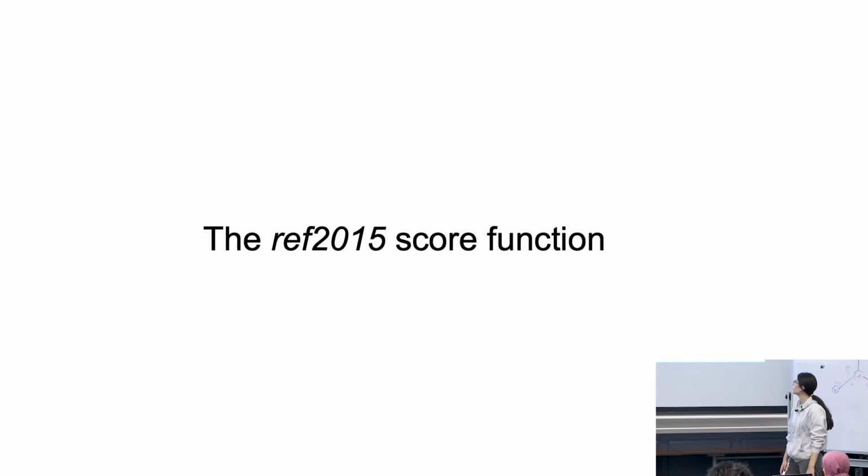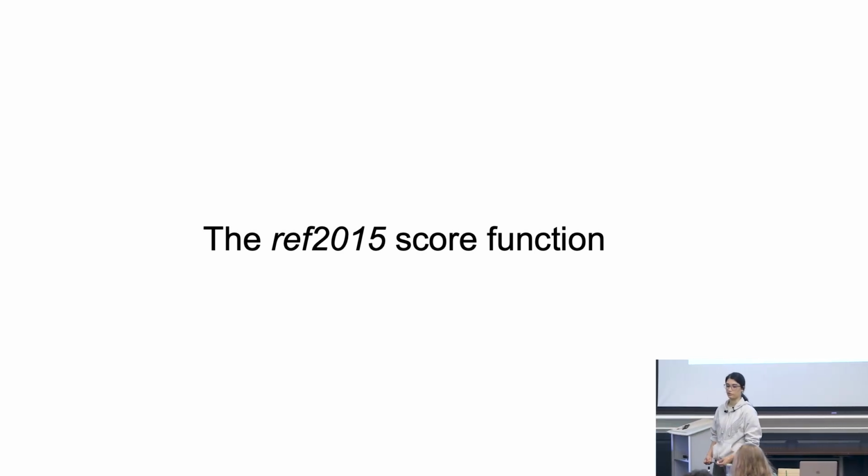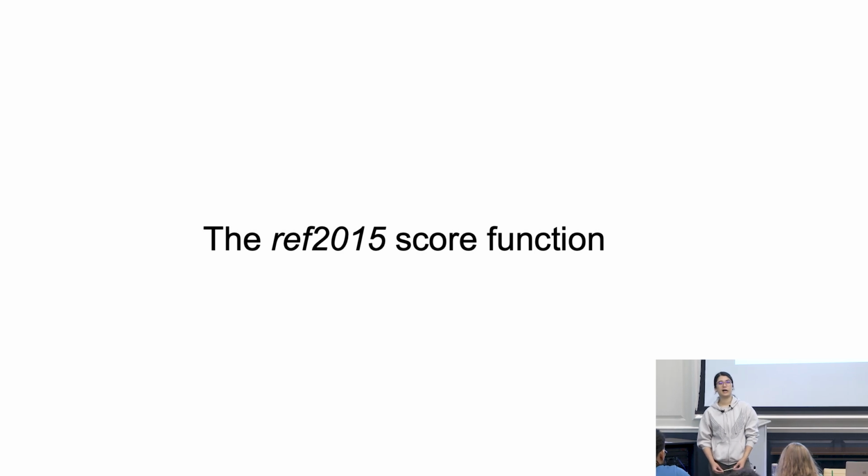And now let's talk about the Ref 2015 score function. One thing to consider is we only talk about this score function in detail, but there are different score functions in PyRosetta. There are multiple versions of this in terms of the way it was developed, as well as trying to figure out what energy function works at all.